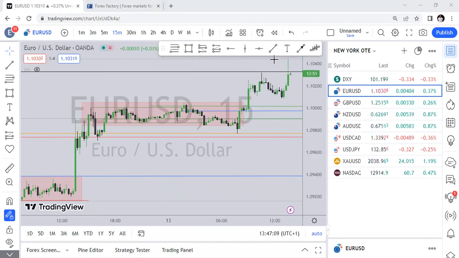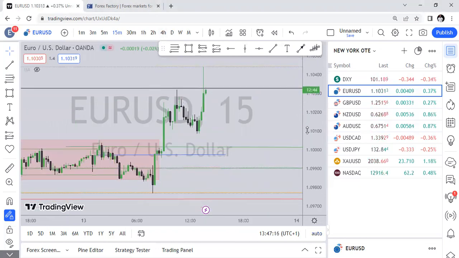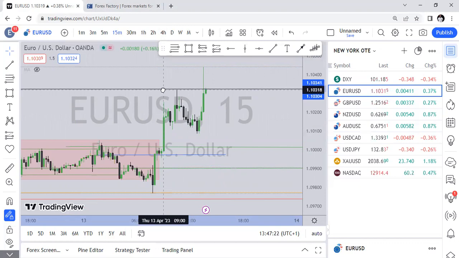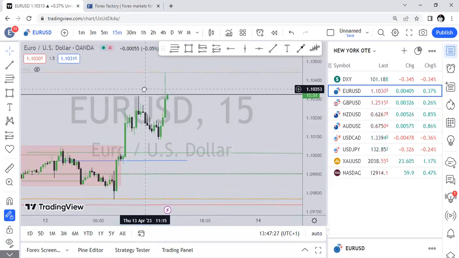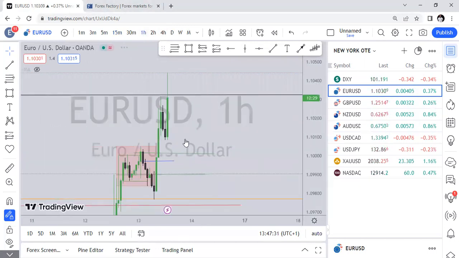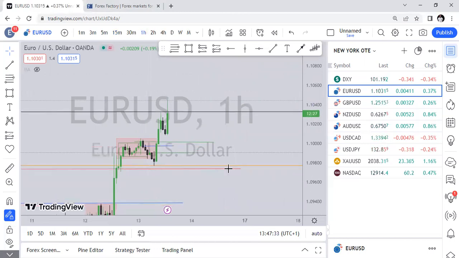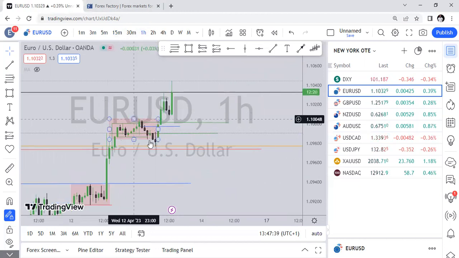Okay. All right. So the news did exactly what I would have expected it to do, which was take out this good high that contained the liquidity. I wanted it to take it out, because I was tempted this morning to sell the USD from this point.